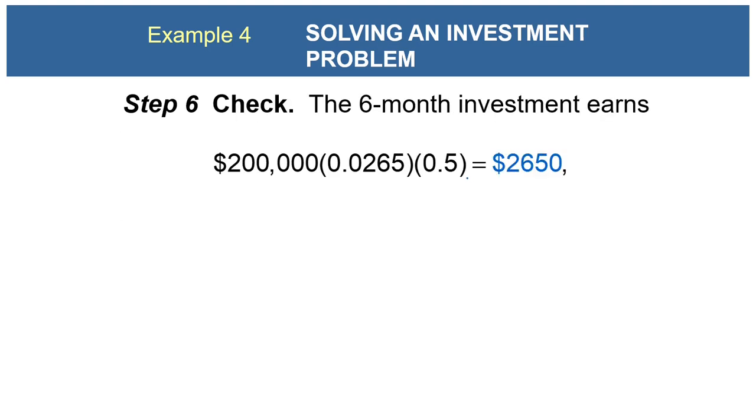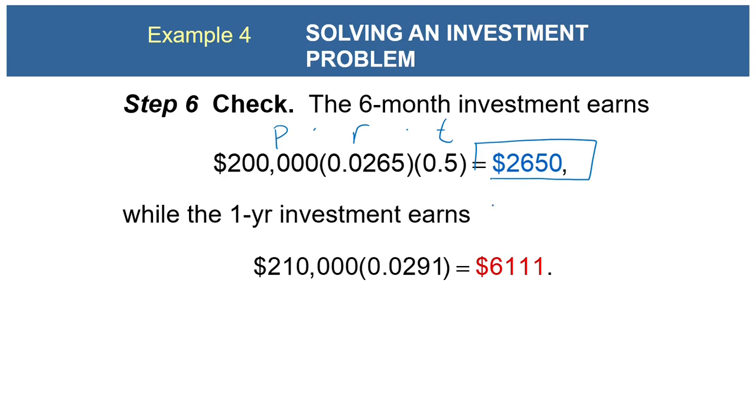In step 6, let's check our work. The 6-month investment earns, our principal is $200,000 times our interest rate, which is 0.0265, times our time, is going to give us the interest of $2,650.